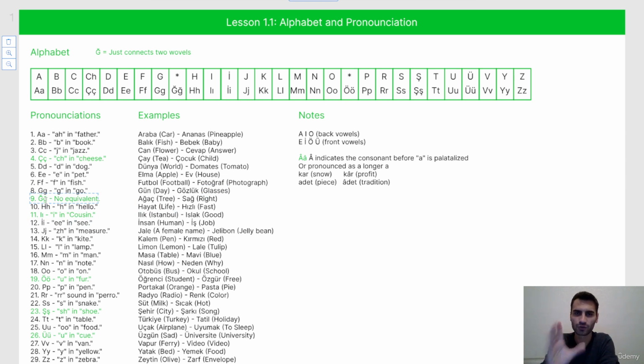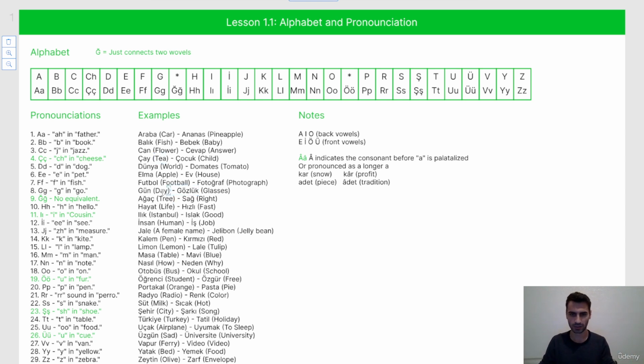Okay, another new one is yumuşak G. Yumuşak means soft, so it means soft G actually. So what does soft G do? It connects two vowels or prolongs a vowel. That's it.